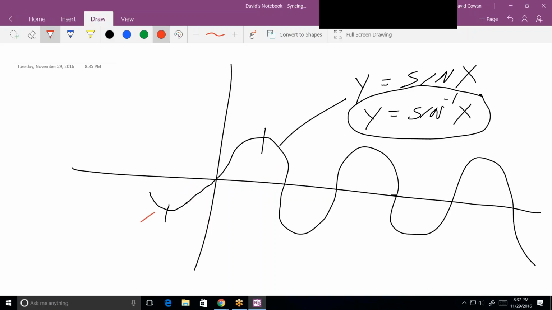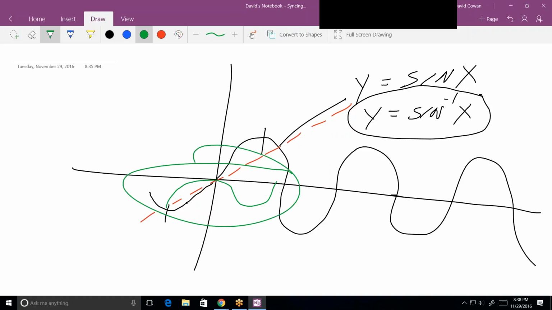So let me draw the line y equals x, and then I will draw this curve reflected about that line. Something like that. So that's the inverse. That's y equals inverse sine of x.